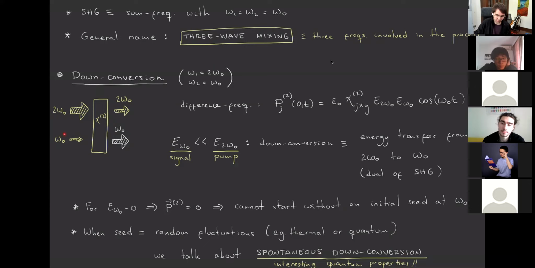Whenever the field that we are amplifying or down converting is essentially vacuum or a thermal field, we call the process spontaneous down conversion. And I promised you that spontaneous down conversion has very interesting quantum properties. This is what we will see today: in particular, it allows us to create squeezed states of light.